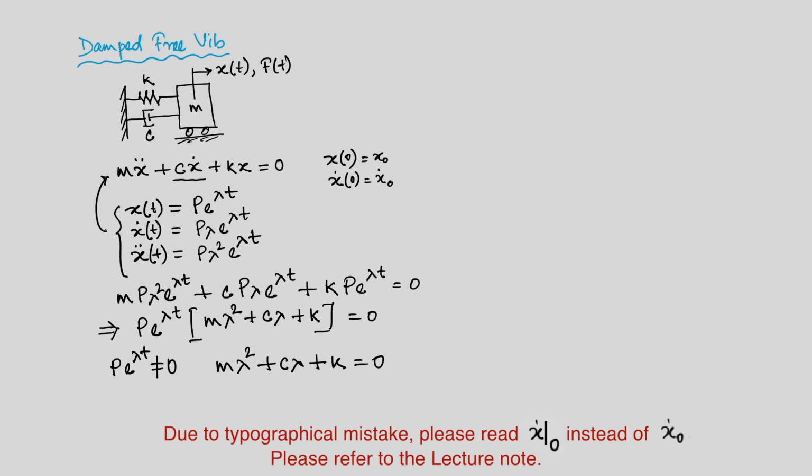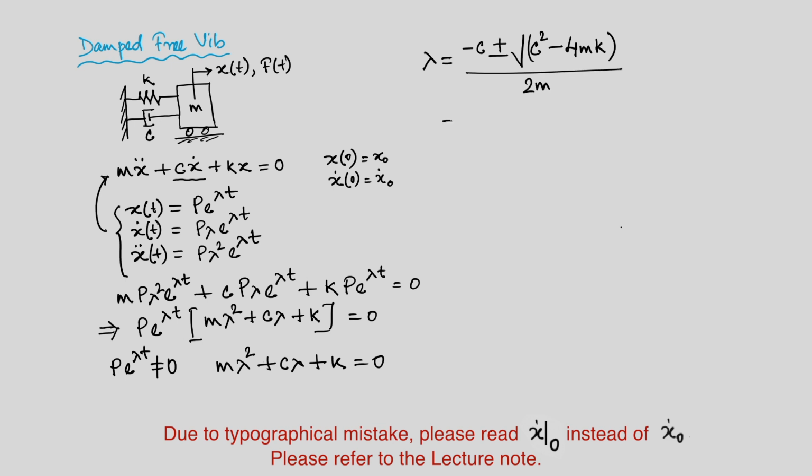Now this is a quadratic equation. Obviously we can find out the roots of lambda. So lambda in this case will be equal to minus c plus minus square root of c square minus 4 m k, divided by twice m.